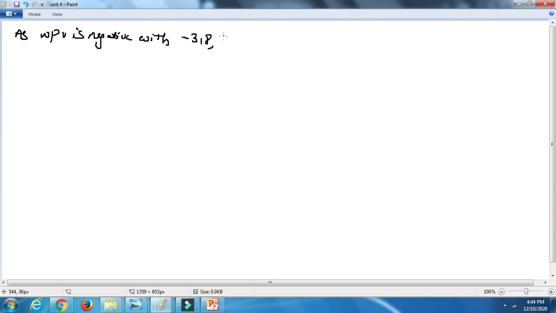But here it is negative, so move 2 points downwards. So now again the new interest rate will be 11, isn't it? NPV is negative, so move 2 points downwards.